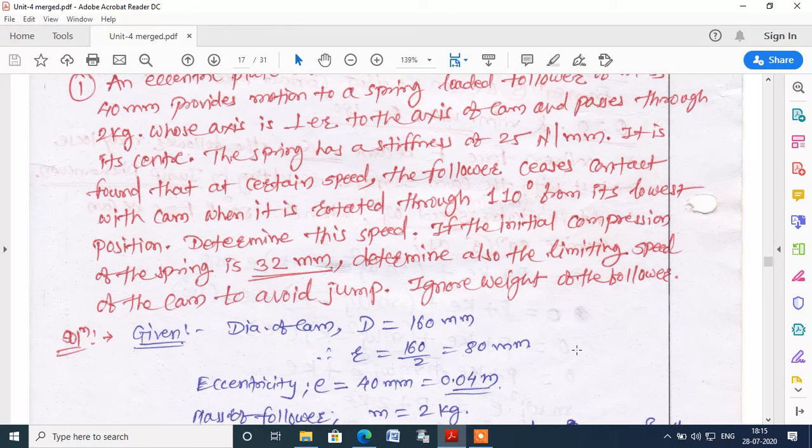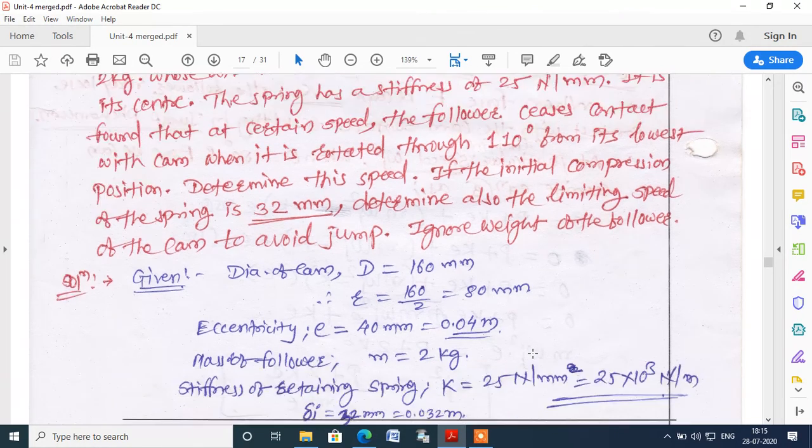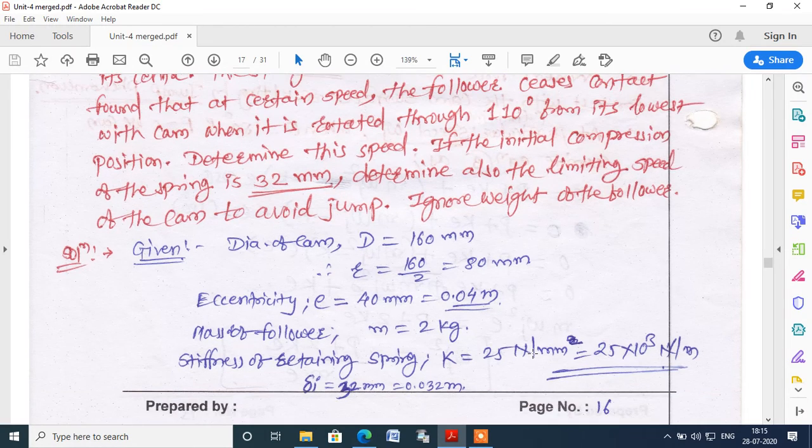So, from the statement, we are writing the given data. Diameter of cam is given 160 mm, therefore radius is 80 mm. Eccentricity is 40 mm. Then mass of the follower is 2 kg. Stiffness of the retaining spring is also given. That is k, equal to 25 Newton per mm.